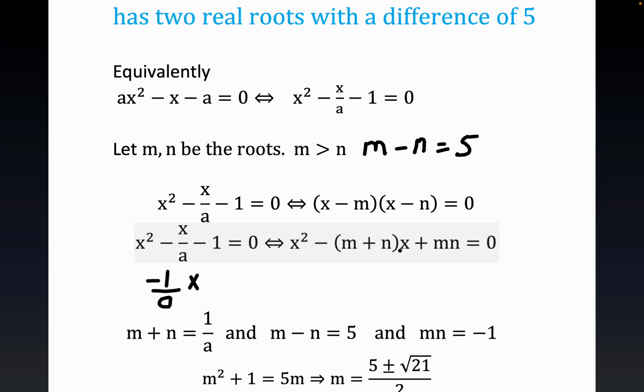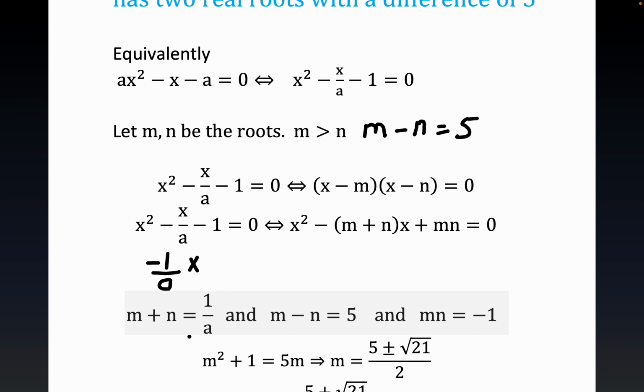You see, coefficient of x right here, coefficient of x right here, we equate the two coefficients, and you get m plus n is equal to 1 over a. Okay, this is m minus n is equal to 5, and this is really the key step for me. Just to write this down and go to here was maybe the biggest step of the problem.